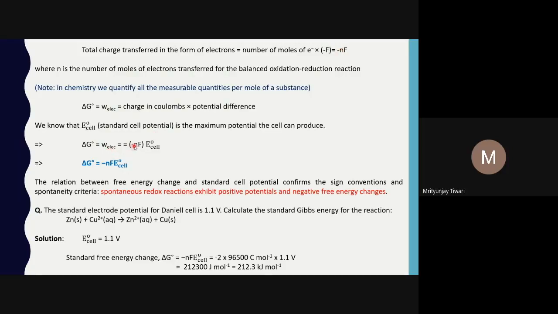The potential difference is E naught cell, because E naught cell is the maximum potential the cell can produce, and that maximum potential is related to the maximum work that can be performed. So now we can write delta G naught is equal to minus nF E naught cell. This is the relation between delta G naught and E naught cell.